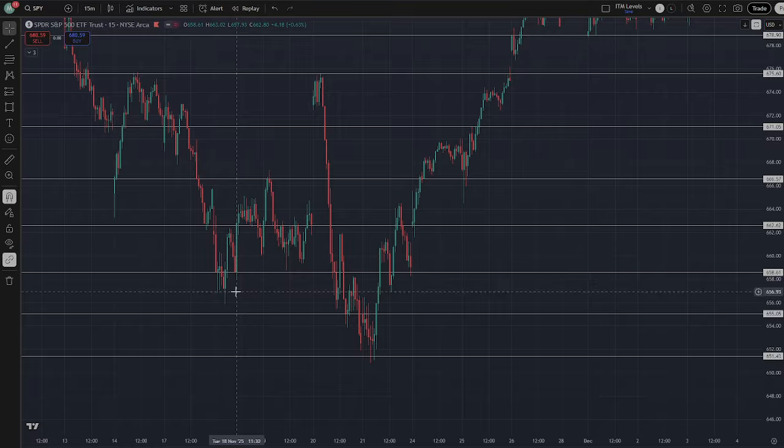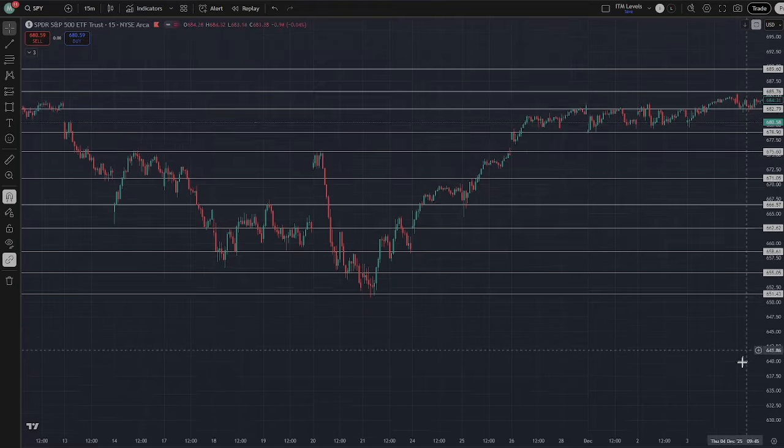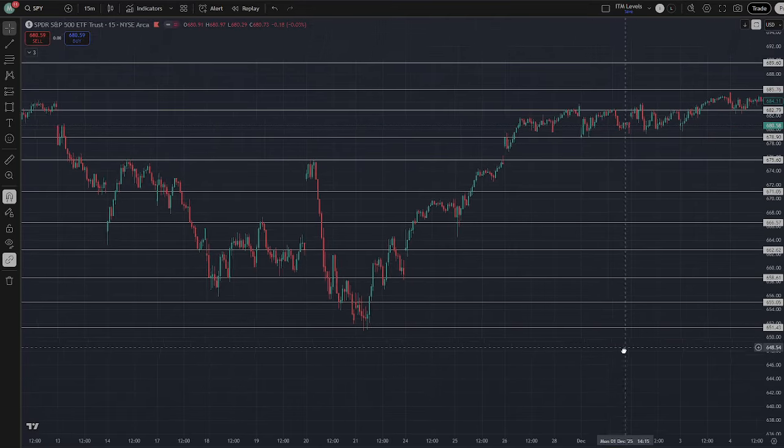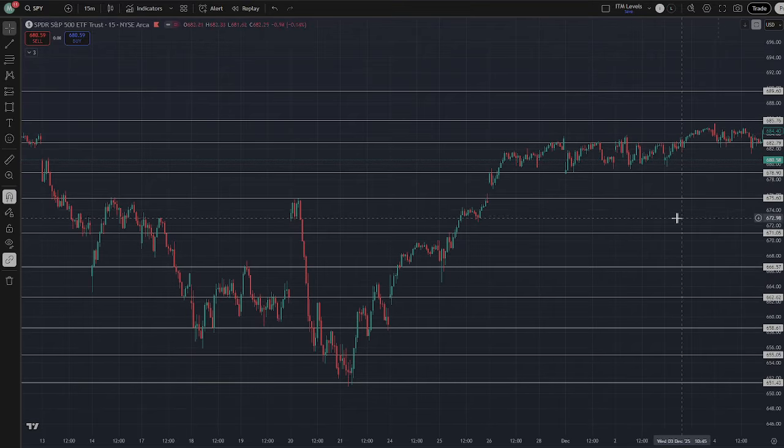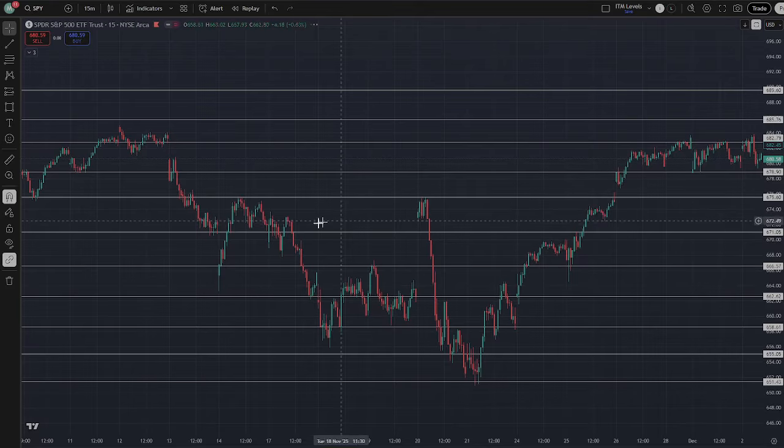We got that 15-minute hold right here, continued up. And just by zooming out, you guys will see what I mean. If we hold the level, we stay in the range. If we hold below that level, we stay below that level's range. We hold above that level, we stay above that level's range.